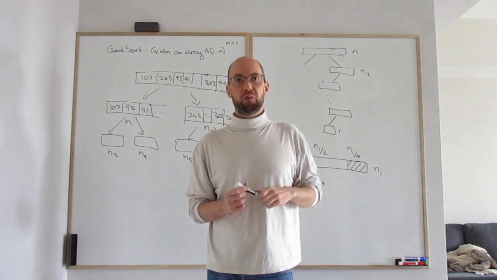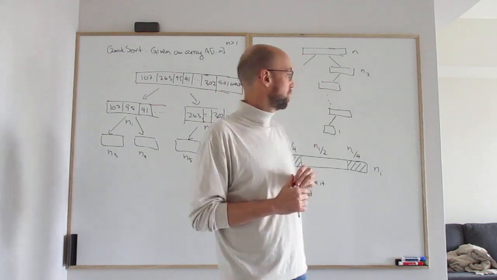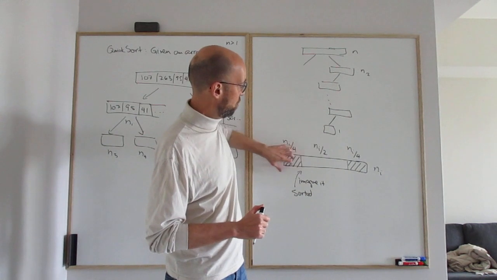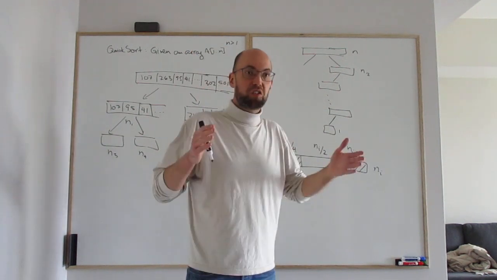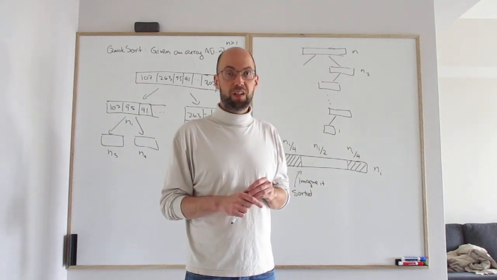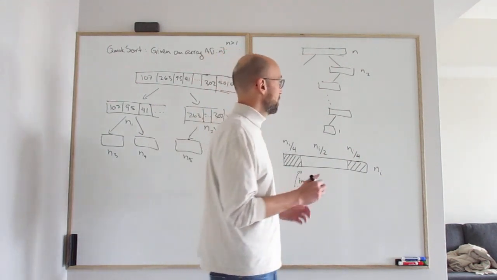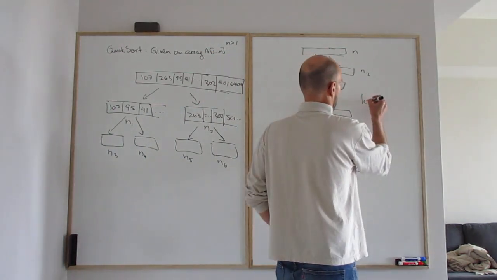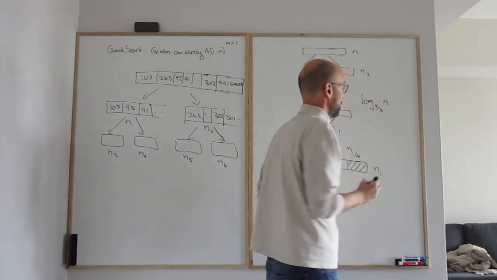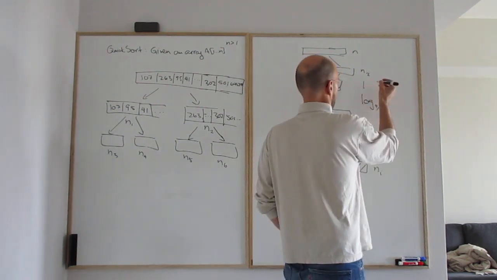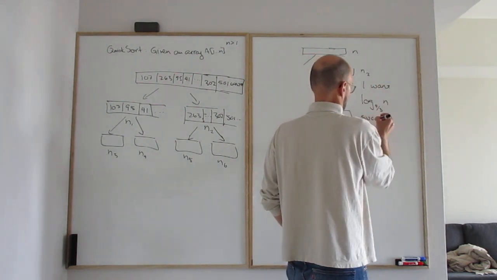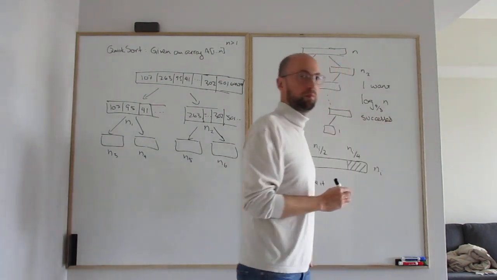Every time I get a success, I wipe out at least a quarter, so I shrink my array by a factor of 3/4. That means I'm going to need log base 4/3 of n successes.